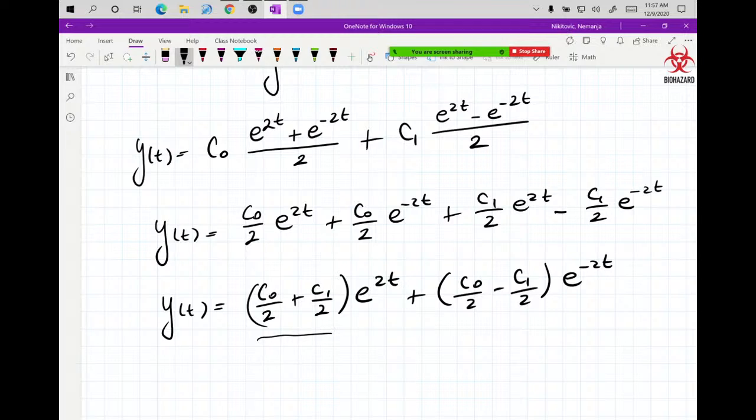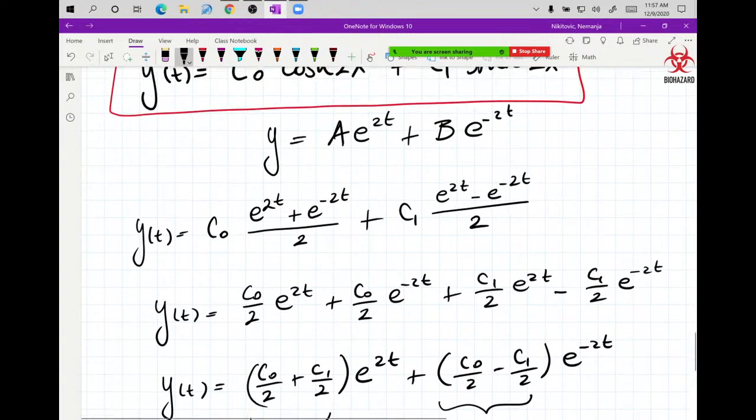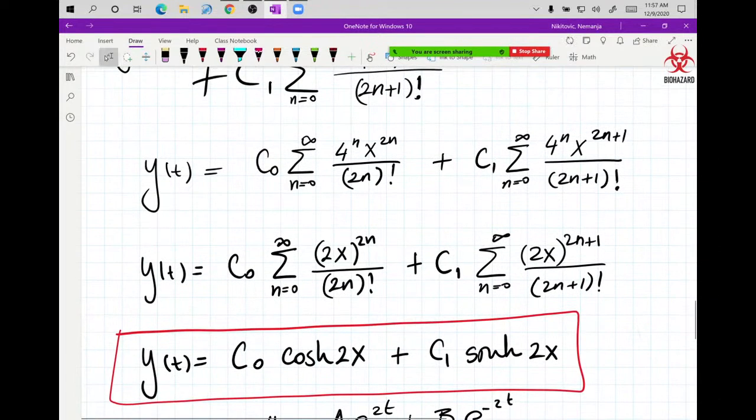Actually, I can leave this. That's your A. That's your B. So you can have your answer in any form. Now, it was easy for us to observe that you have hyperbolic answers looking at the power series, which eventually turned into the sum of exponential answers.